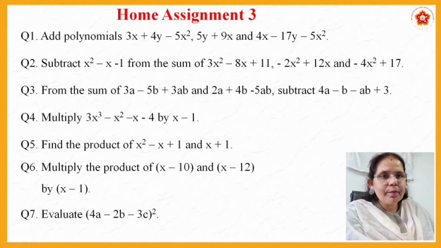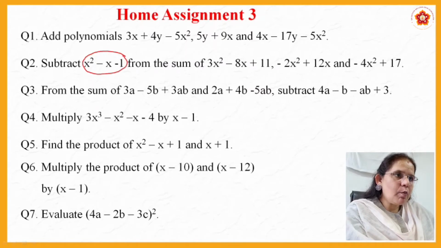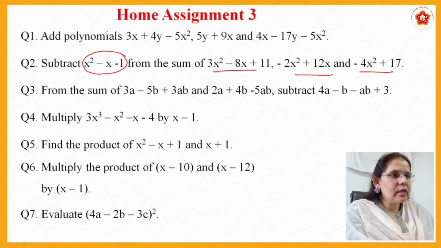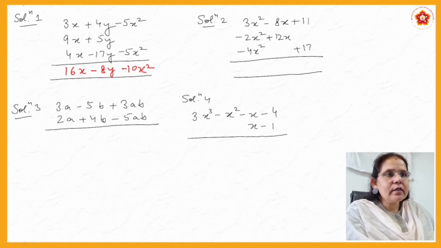Please cross check it. In question number 2, we have to subtract this from the sum of these 3 polynomials. So first, we have to add these 3 polynomials. For adding them, we put them in column form and like terms below each other.